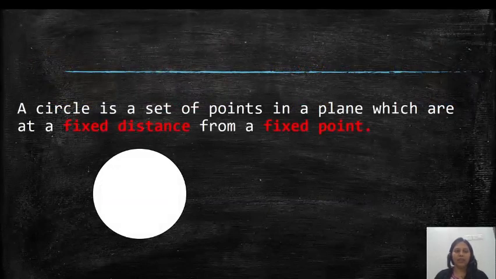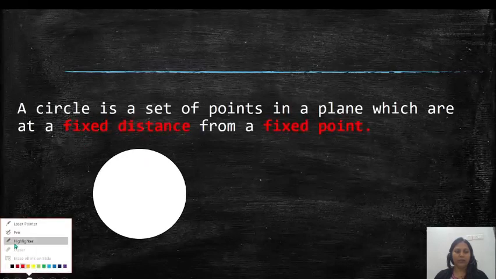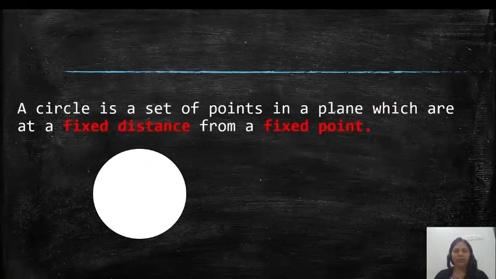Now here I am with the definition. A circle is a set of points in a plane which are at a fixed distance from a fixed point. When I am talking about the set of points, what are those? Let us take a few points, right? So these are the set of points, not many points. Now I am saying that they are at a fixed distance from a fixed point.